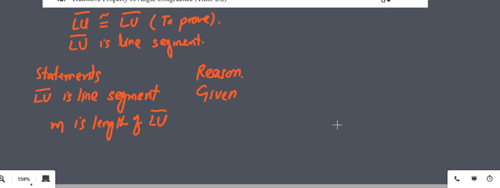Okay, so this is just by using the definition of length of segment.